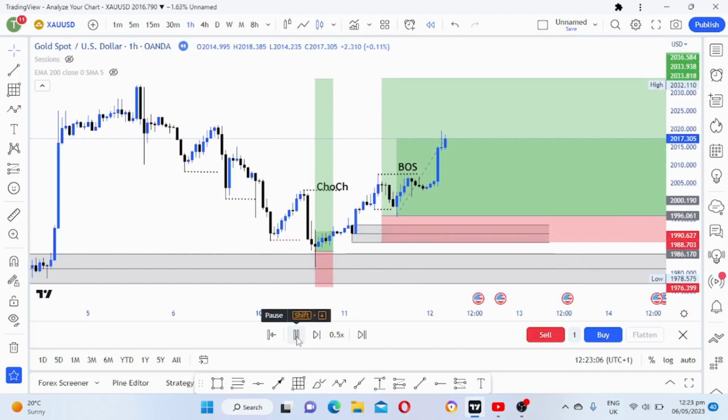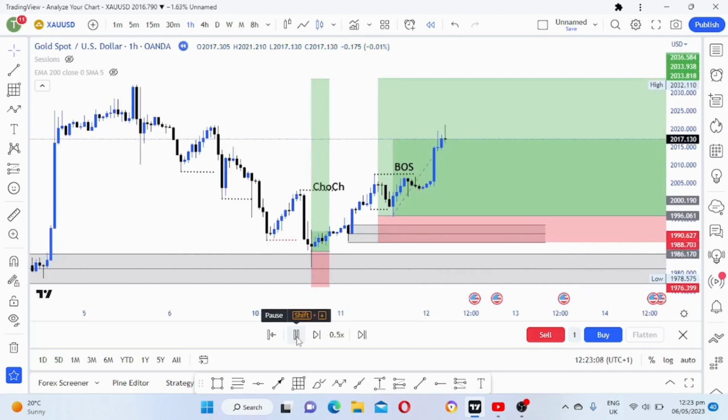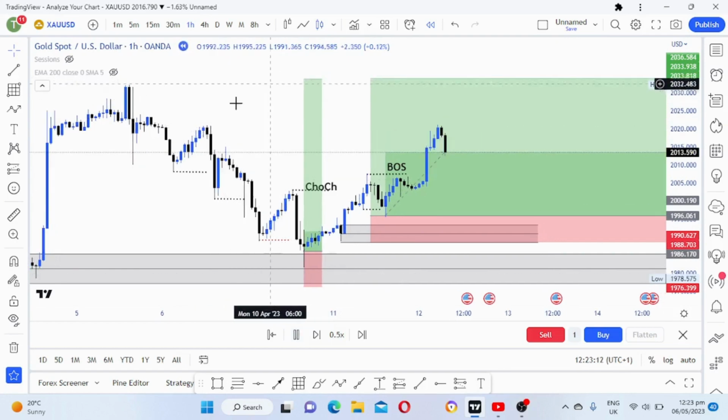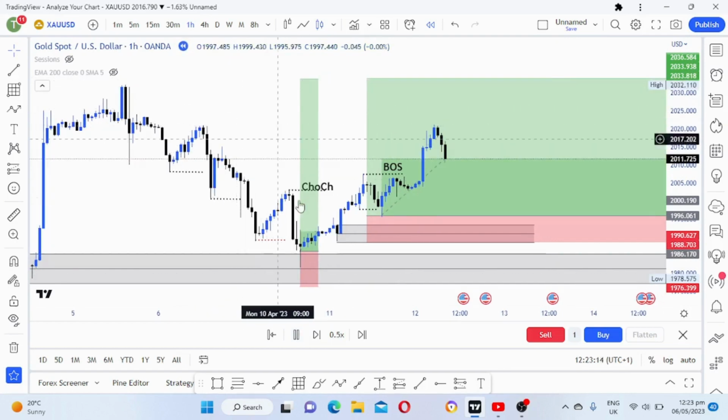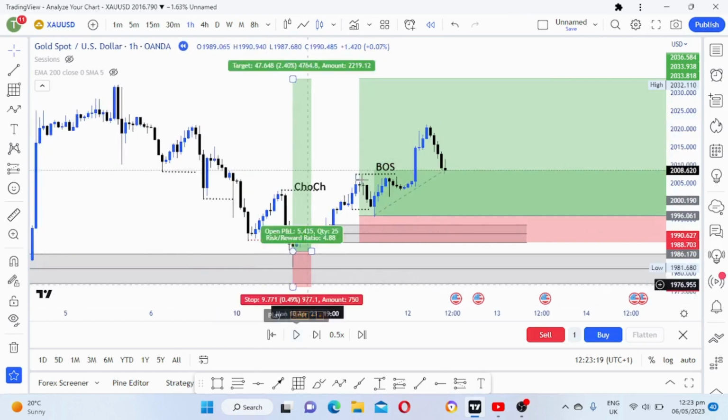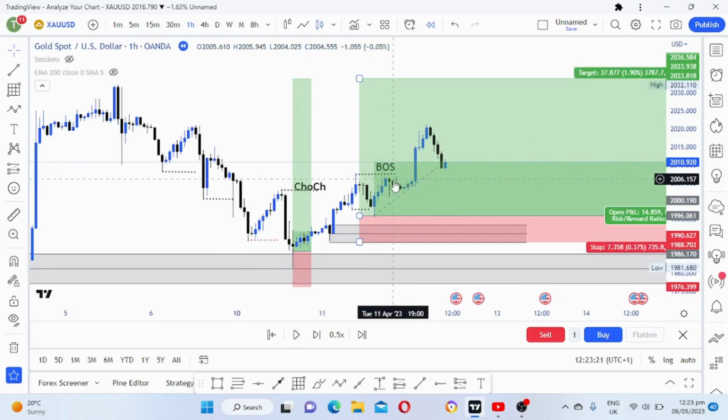Let's wait and see if price will go back up at this TP there. So as you can see now, there, okay, you see now, we have a break of structure.